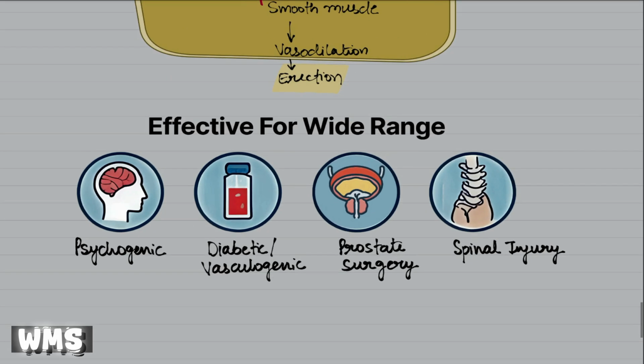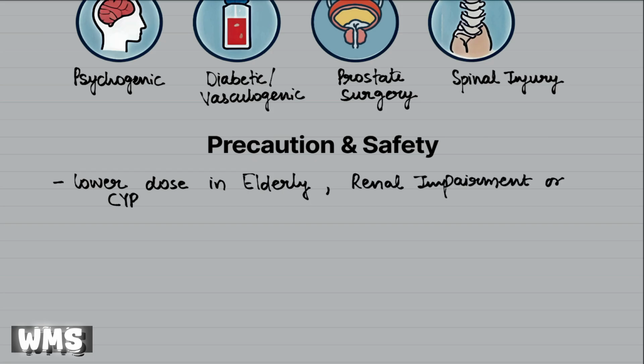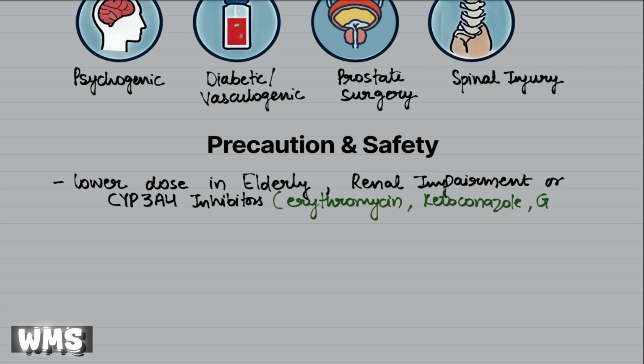Now, certain precautions are important. Lower starting doses should be used in elderly patients, those with renal impairment, or those taking drugs that inhibit the CYP3A4 enzyme like erythromycin, ketoconazole, or grapefruit juice, because these can increase drug levels and risk of side effects.